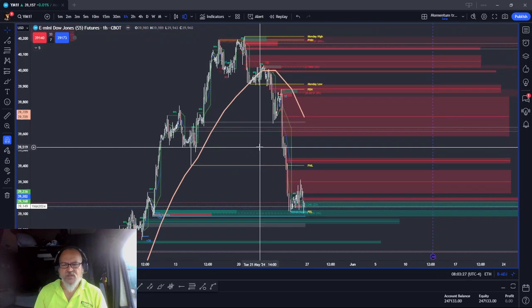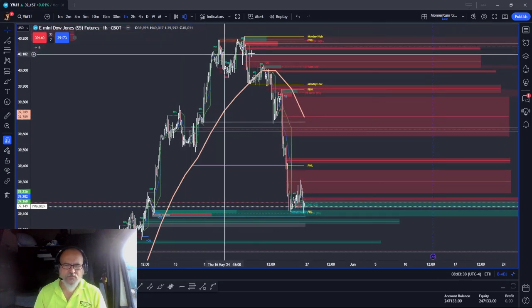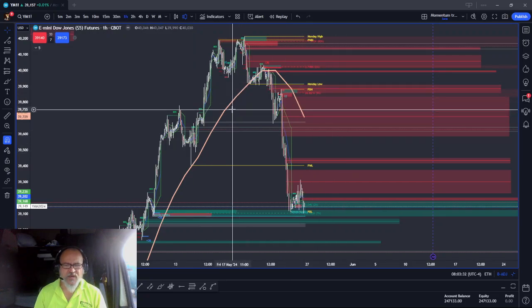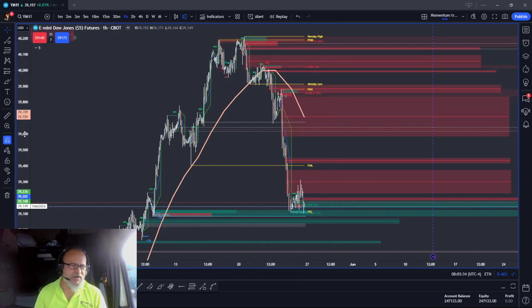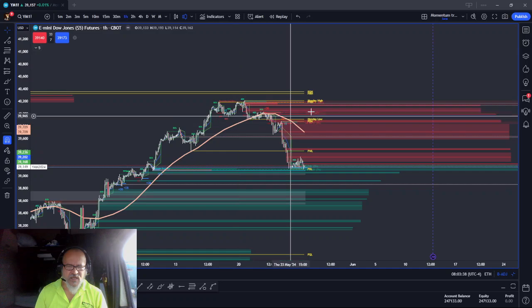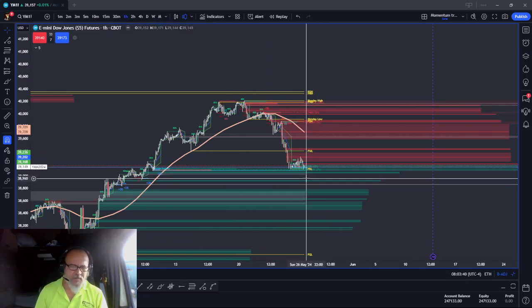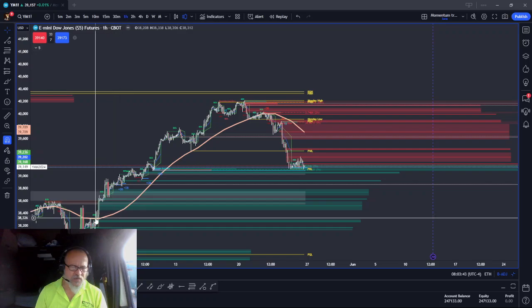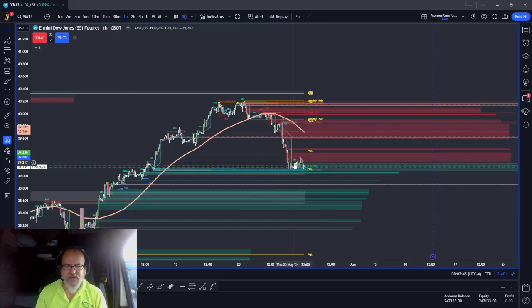Okay, so yeah, that is a sharp turnaround on the 5-day moving average. We are definitely in a sell side, just depending on where this sell side is going to complete.